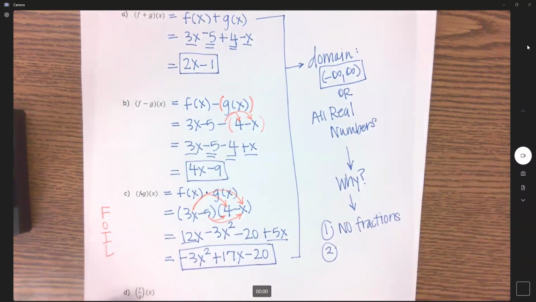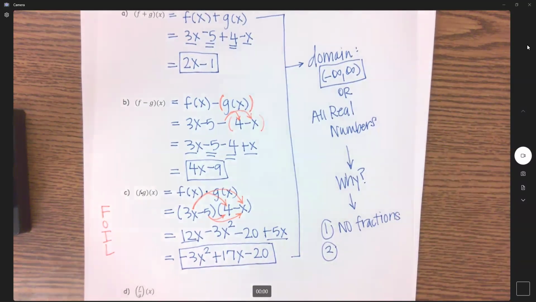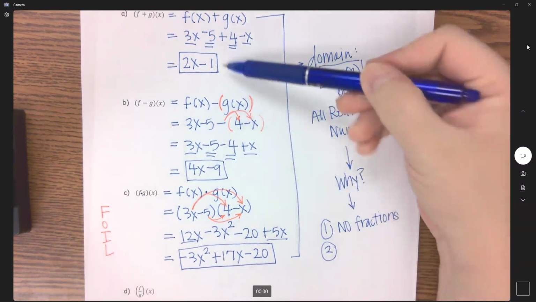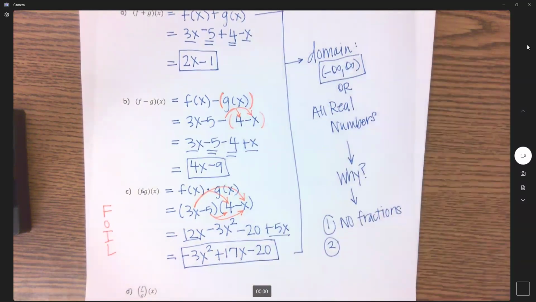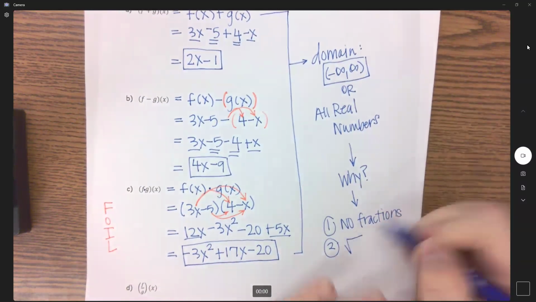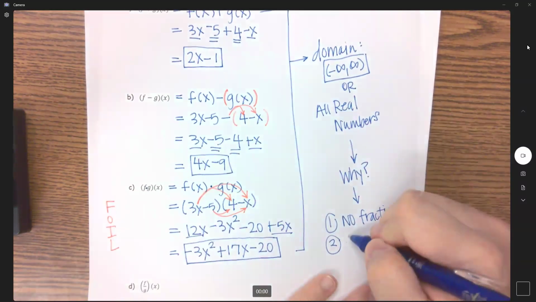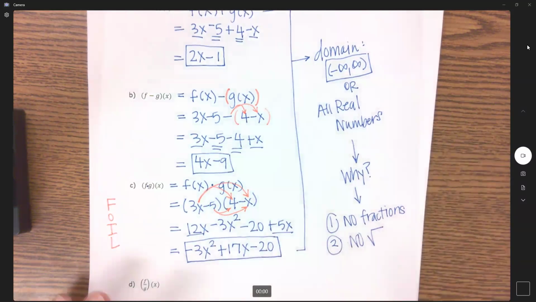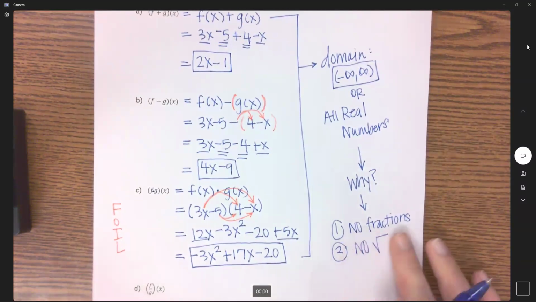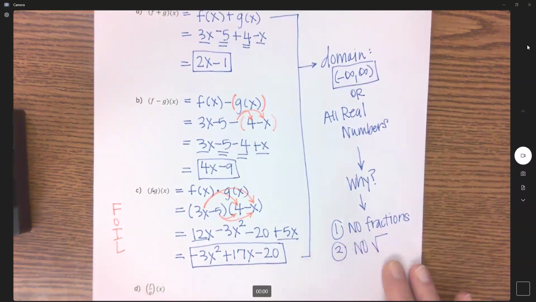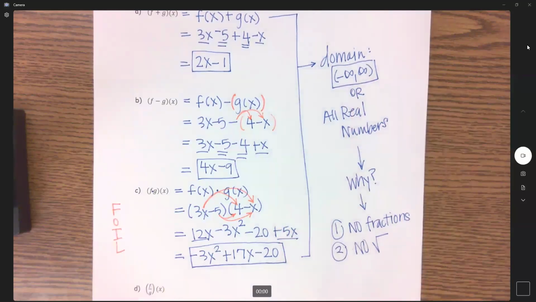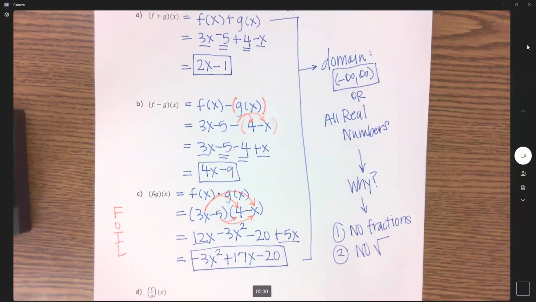Number 2, thou shalt not take the square root or any even root of a negative number. I don't have any square roots in my answer. So no radicals. So when I have no fractions and no square roots, my domain is always going to be all real numbers.